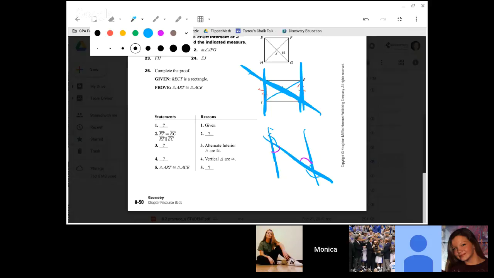So RAT, Natalie, is this angle, and EAC is this angle. Do those look like something from this picture?